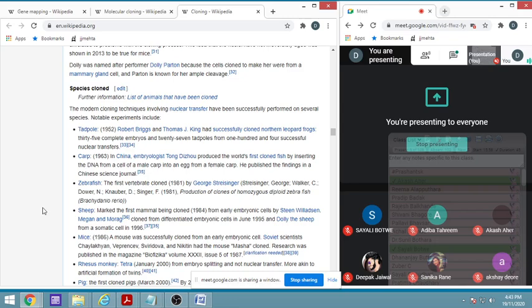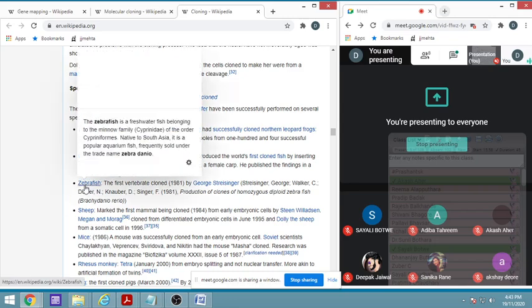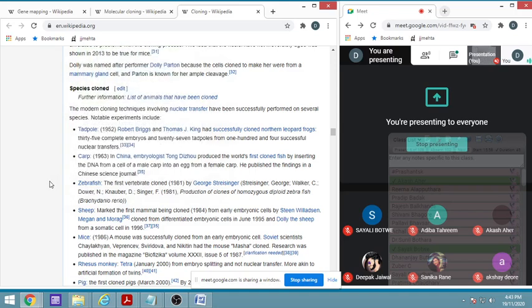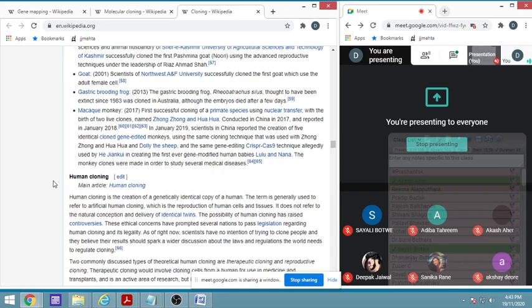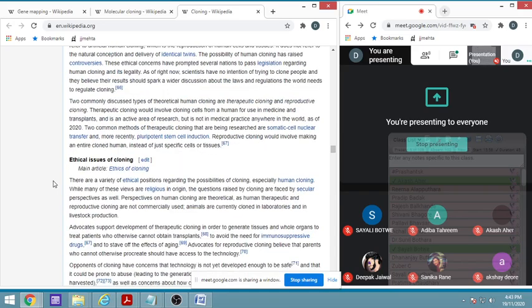Out of these I can show you the zebrafish. The zebrafish is used nowadays particularly for pharmacological studies, for the study of various drugs, instead of using mice, rats and other animals. Zebrafish has become a popular animal. Sheep, I told you, mice, and in mice you can have so many varieties, rhesus monkeys, pigs, rats. There are various ones.